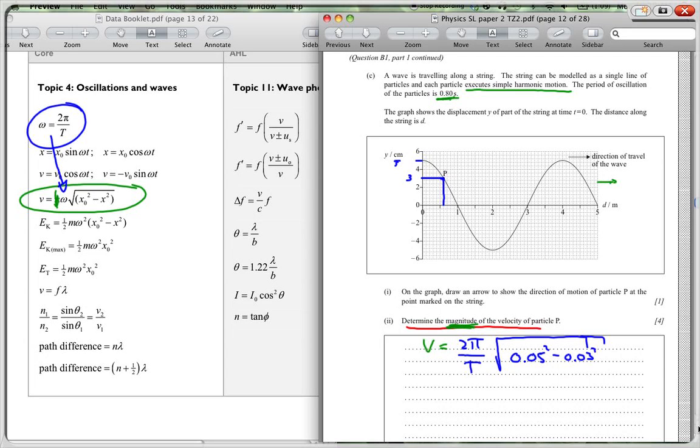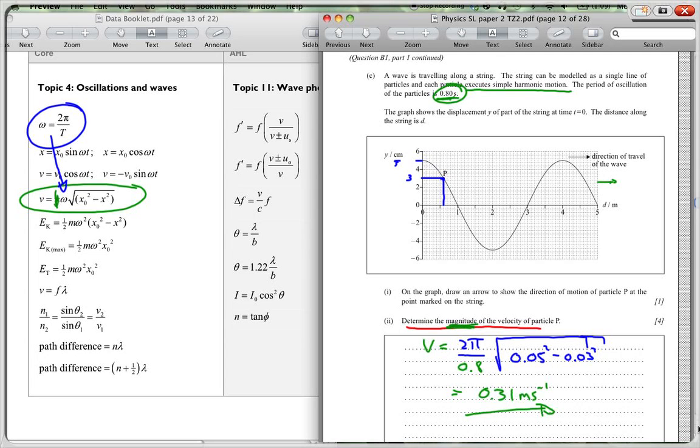And obviously this T is given to us, as we said before, as 0.8. So I'm going to substitute that in, and you're going to get your velocity, and it should work out to be 0.31 meters per second to the negative 1. As we were given our values to two significant figures, we give two significant figures there.